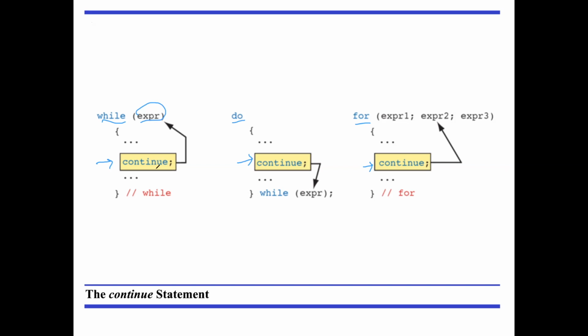So for the while loop, this continue takes you right back to this one. Let's say you have another 100 lines right here, it doesn't matter. They will not be evaluated. As soon as your flow control lands on a continue statement, that takes you back to the conditional. So you can continue your iteration, from the beginning of that iteration all the way to the continue again, and then you go back to the expression, and so on and so forth.